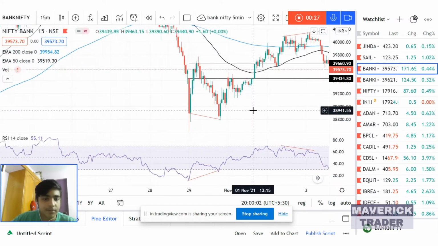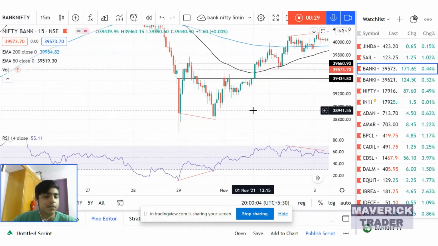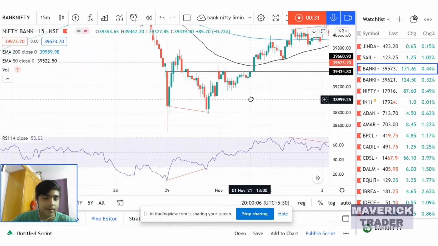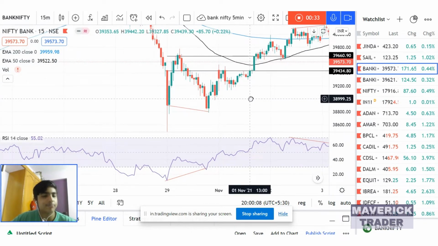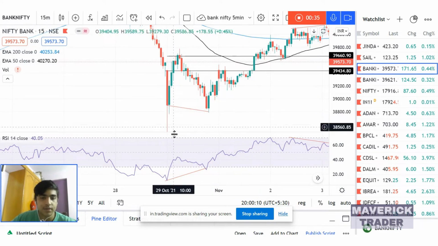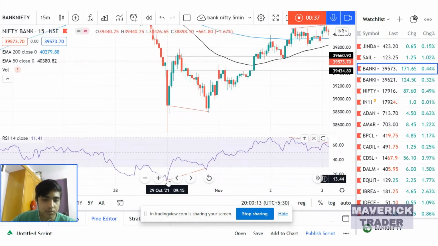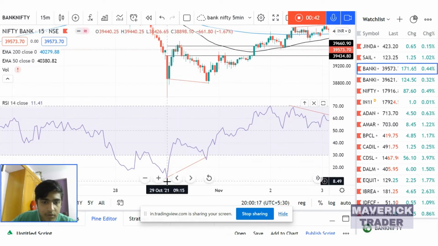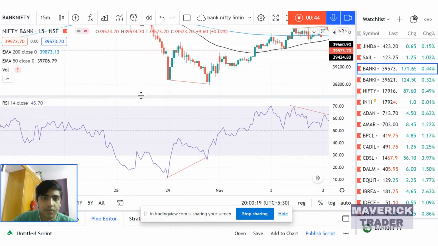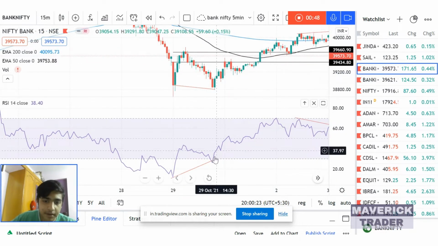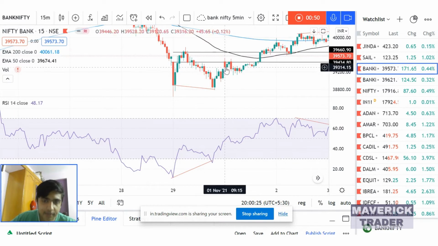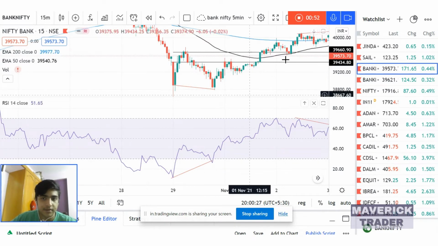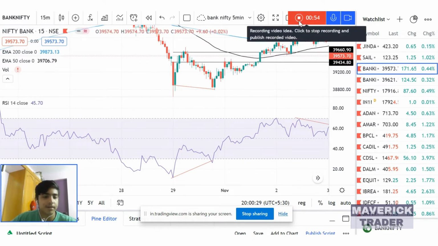What I'm trying to say is that RSI can be used as a tool to check when a particular stock or index price is going to reverse. Can you see here? It's been in the oversold zone, and look how the price has rebounded and gone upwards, and again it's come back to the oversold zone, and again it has rebounded and gone up. So this is basically how RSI works.